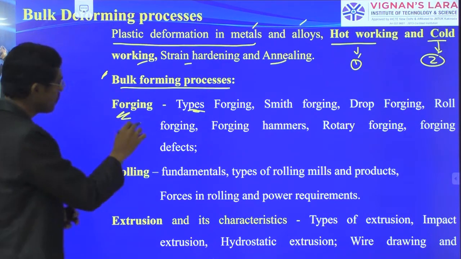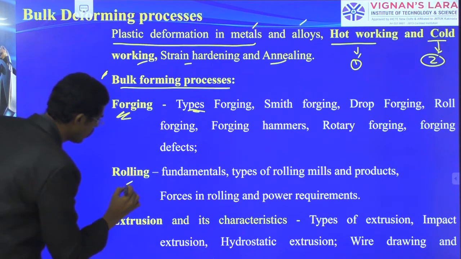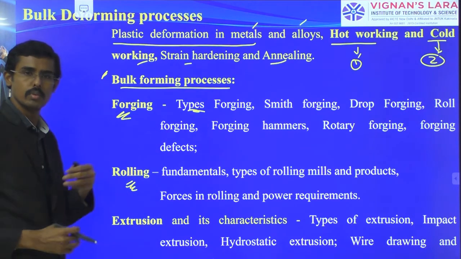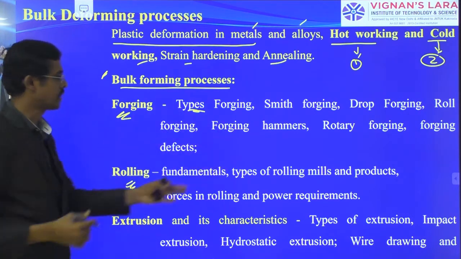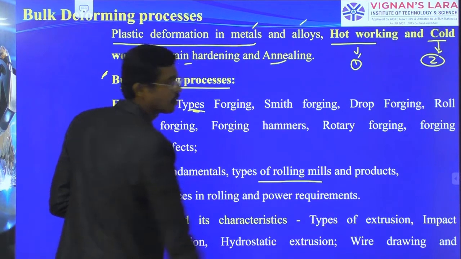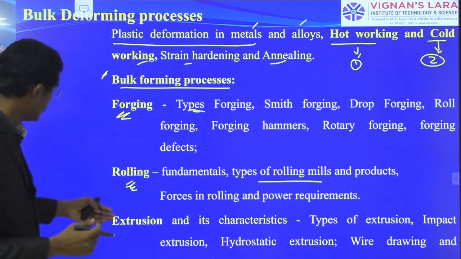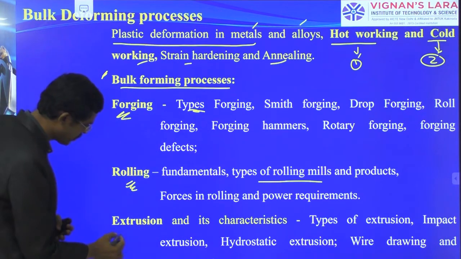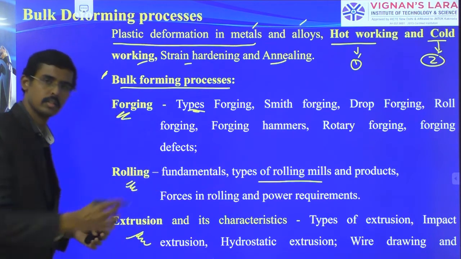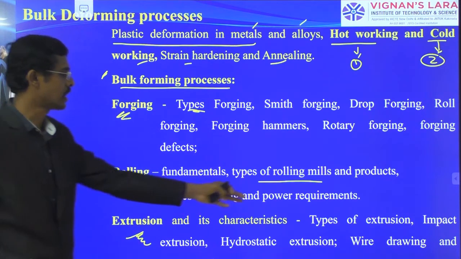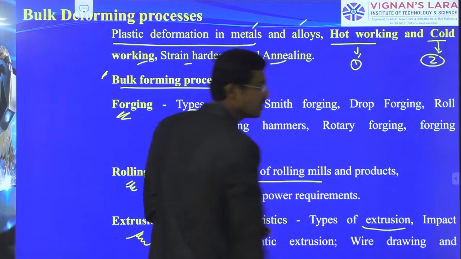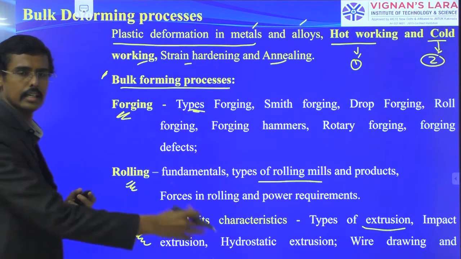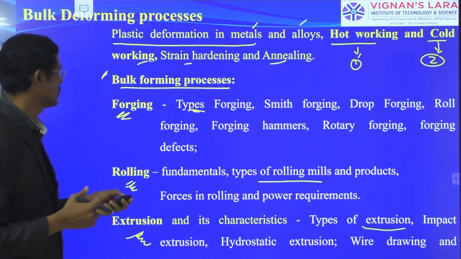Later, one more bulk deformation process is rolling treatments, and the types of rolling and mills. And later, the same bulk deformation, extrusion and its types. These three we are going to see in the upcoming sessions.